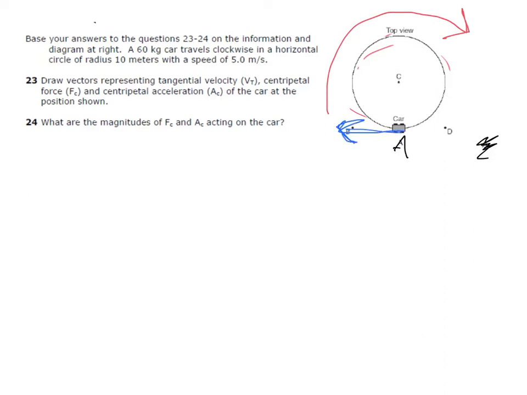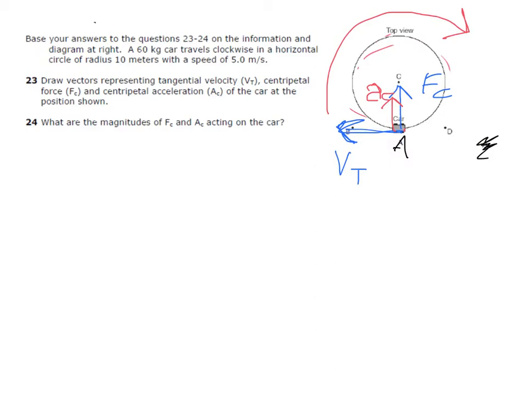So the tangential velocity is this. The centripetal force always points to the center, so this would be Fc. And since acceleration is always in the direction of the force, Ac is also in the same direction.